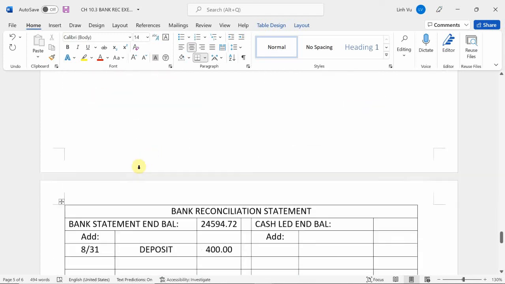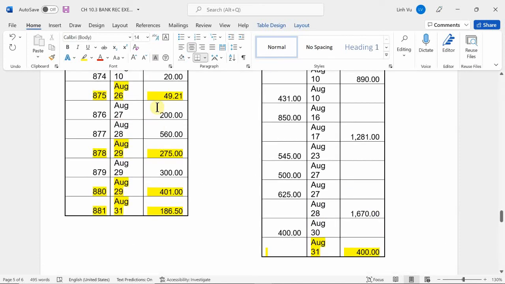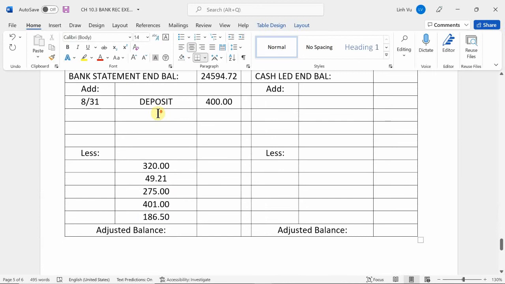Okay, so 186.50. Okay, so this was check number, actually just the number one. What's the number start with? Okay, so 846. Okay, 873, 875. Actually, no, it's 875, 878, 880, and 881.